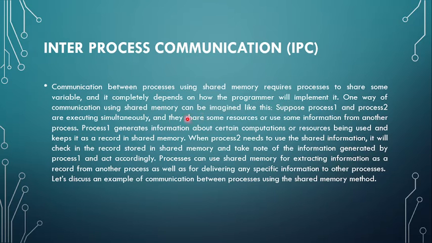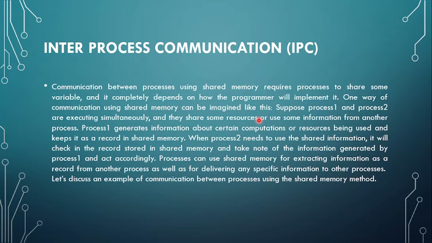Communication between processes using shared memory requires processes to share some variable, and it completely depends on how the programmer implements it. One way of communication using shared memory can be imagined like this. Suppose process A and process B are executing simultaneously and they share some resources or use some information from another process.